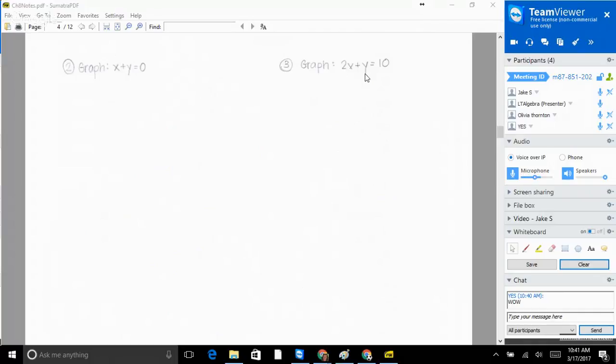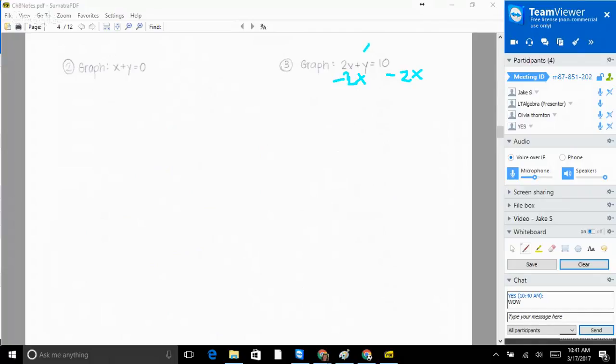What I like to do, because I think it's easier to solve, you don't have to do this, but I think it's way easier, is solve for y. That's the first thing I always want to do. I'm just going to send my 2x to the other side by subtracting 2x from both sides.